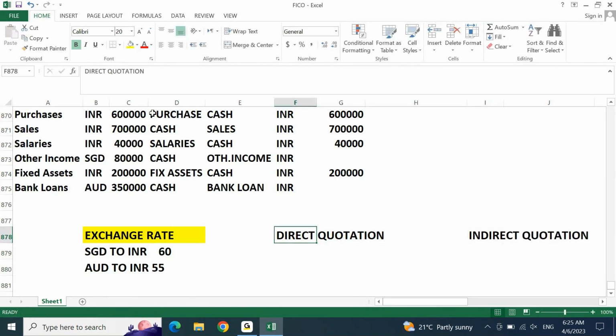Now, direct quotation is always multiplied. Indirect quotation is divided. Is this correct? Yes.